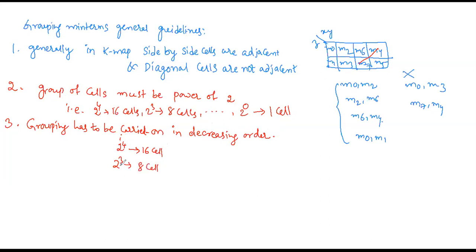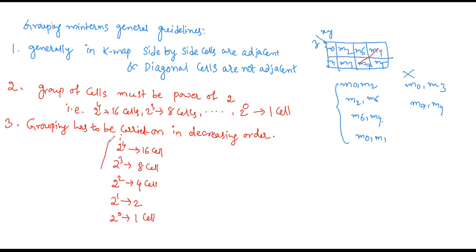If with 8 cells you are unable to form the grouping, then look for 4 cells. With 4 cells also you are unable to form the grouping, look for 2 cells. With 2 cells also you are unable to form the grouping, look for a single cell.